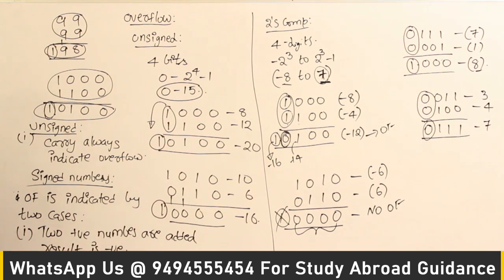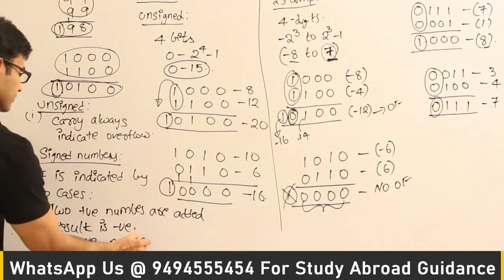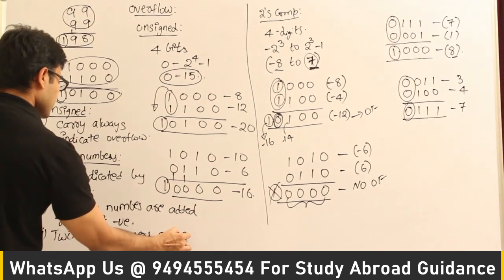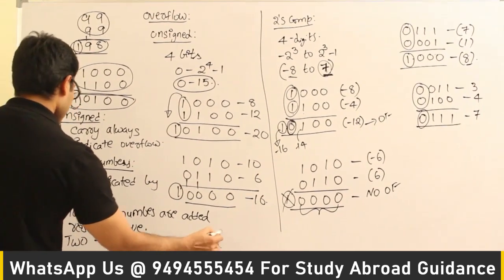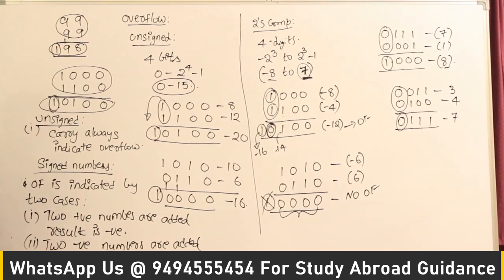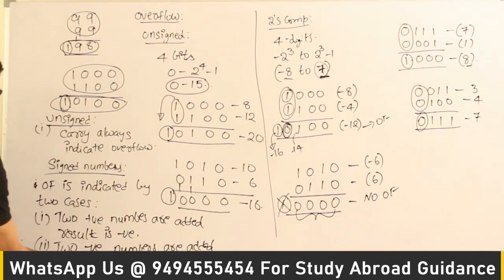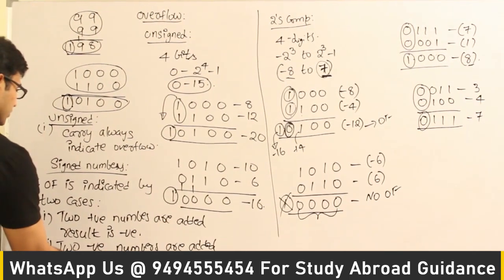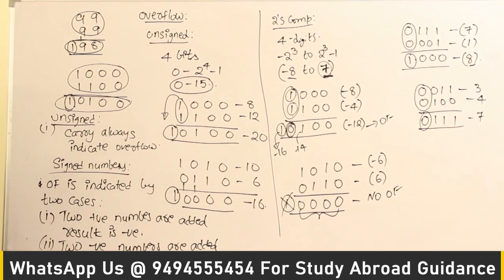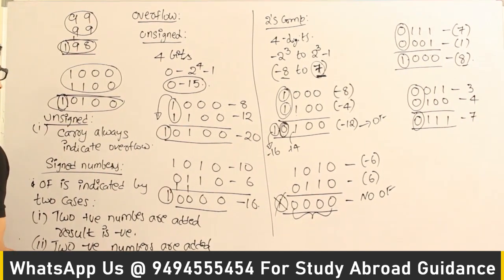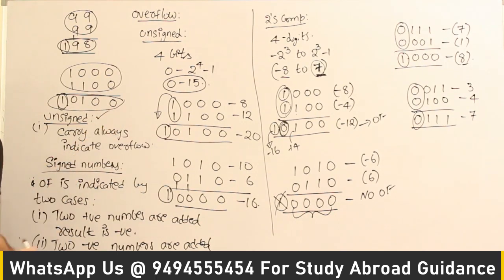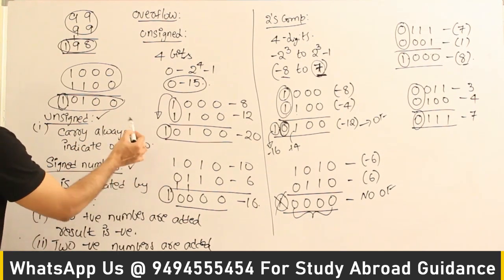This is a condition for overflow. And the second condition for overflow is when two negative numbers are added and the result is positive. So these are the two conditions where we get an overflow. Therefore, in unsigned numbers this is the condition, and in signed numbers this is the condition.